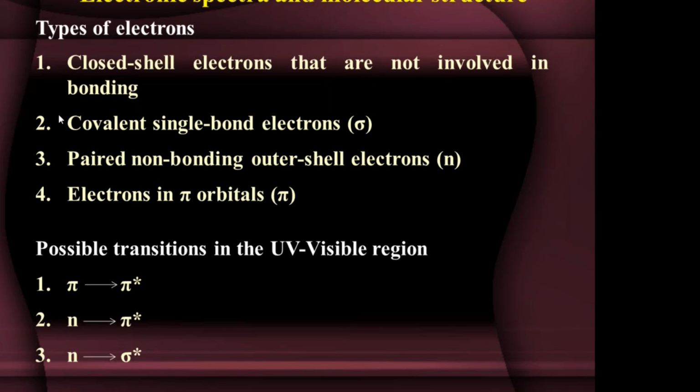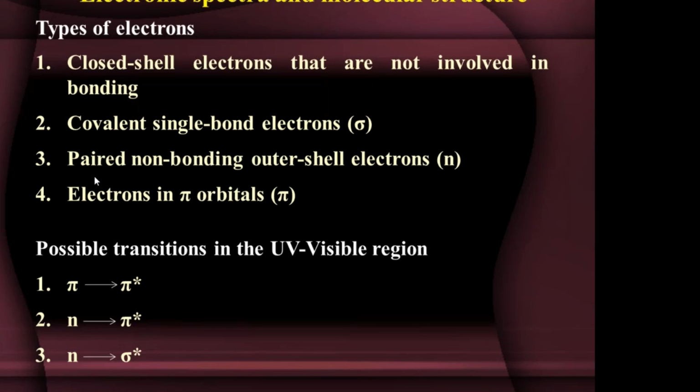So what are the possible transitions in the UV visible region? Now, the closed shell electrons are not involved, mainly because they require very high energies to undergo a transition, and that high energy is not available with UV visible radiations. Similarly, covalent single bond electrons are also not involved because they also require more energy for transition than what is possessed by UV visible radiations.